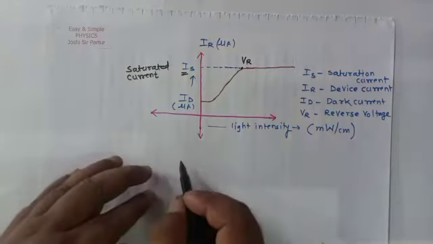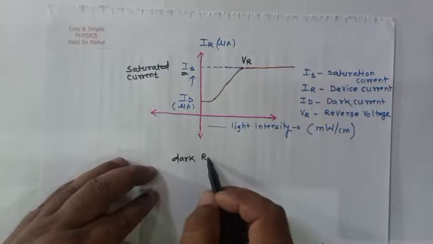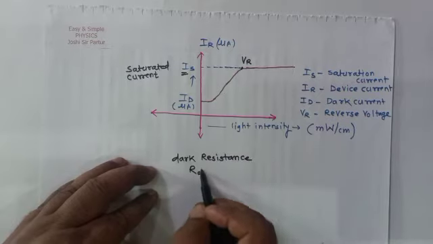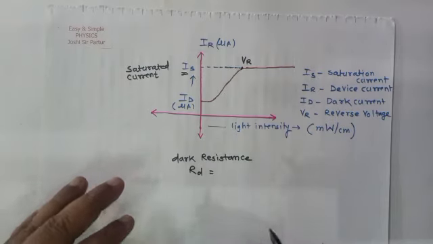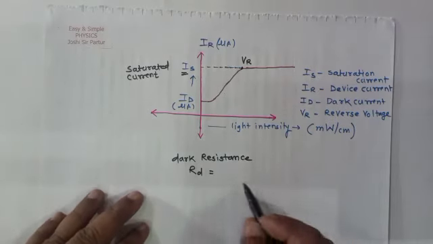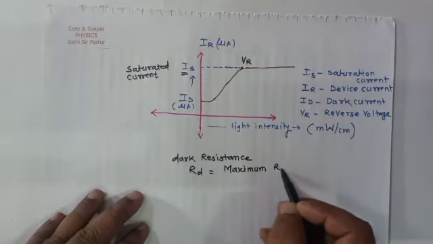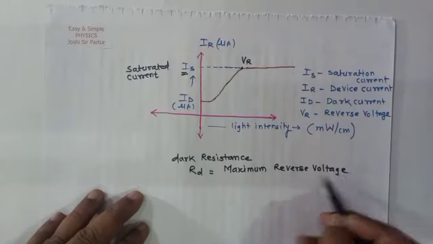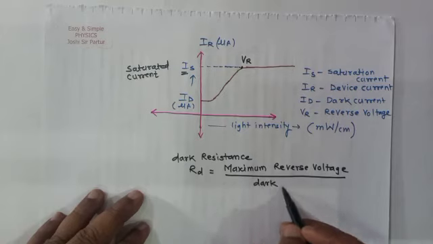So there is dark resistance, that is RD. This dark resistance is the resistance of the photodiode, which is defined as the ratio of maximum reverse voltage to the dark current.